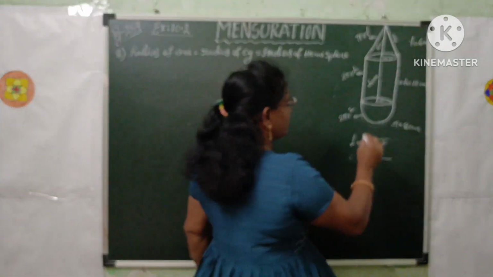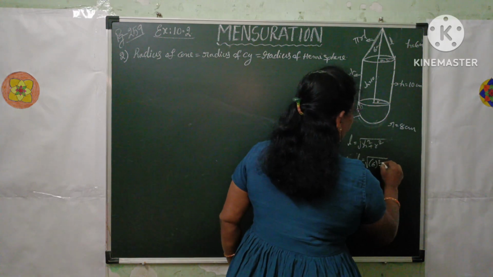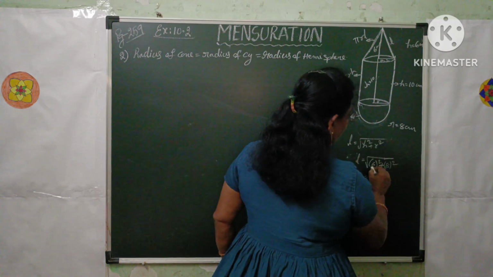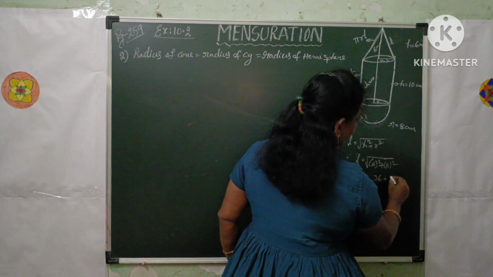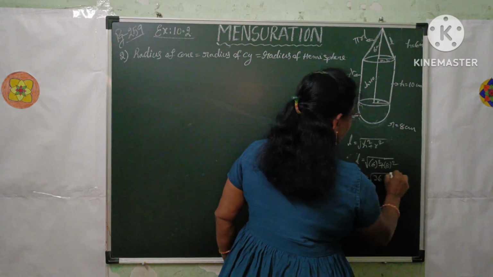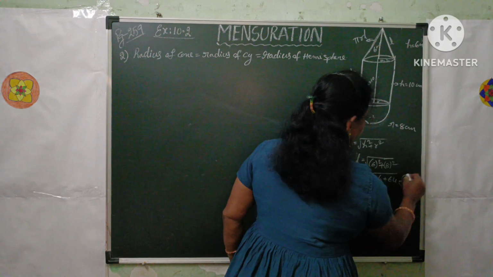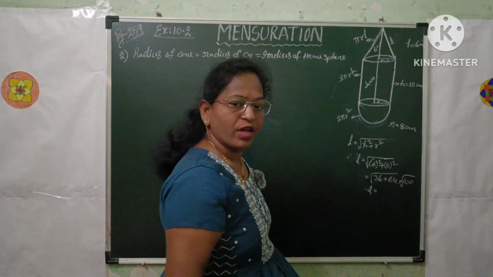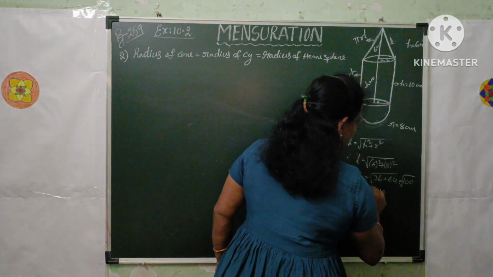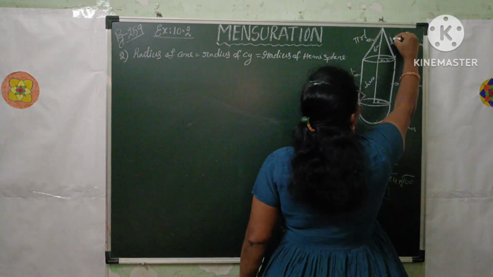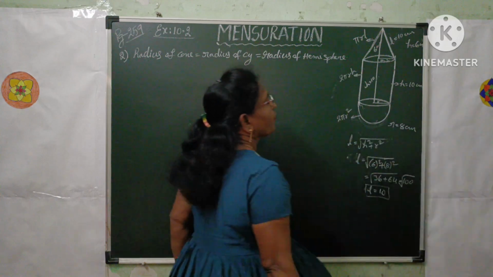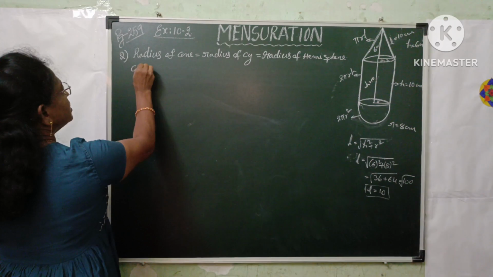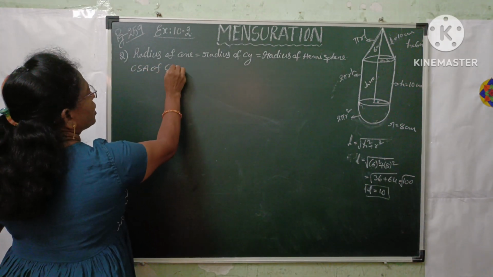So 6 square plus r is 8, same radius, 8 square, that is 36 plus 64, equal to 100. So l equal to square root of 100, which is 10. This is the slant height. So l equal to 10 centimeters. Now find each surface. First one, CSA of the conical portion.